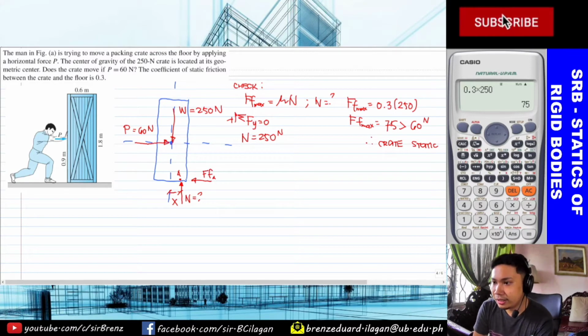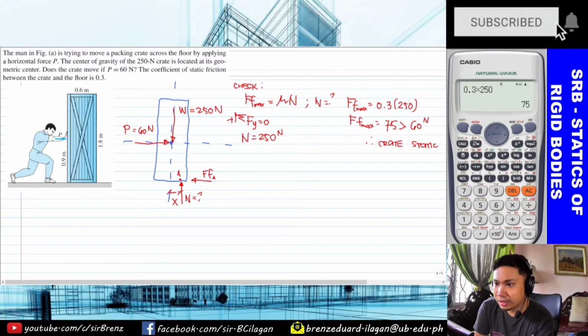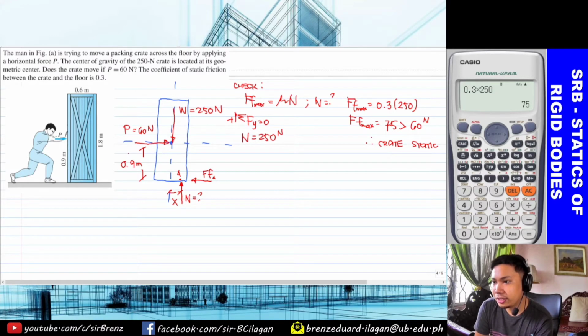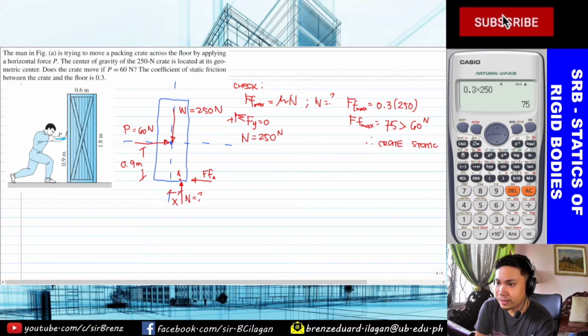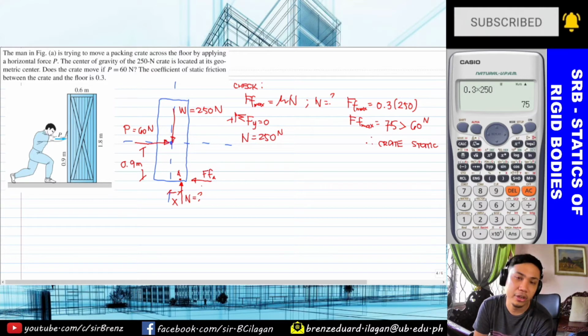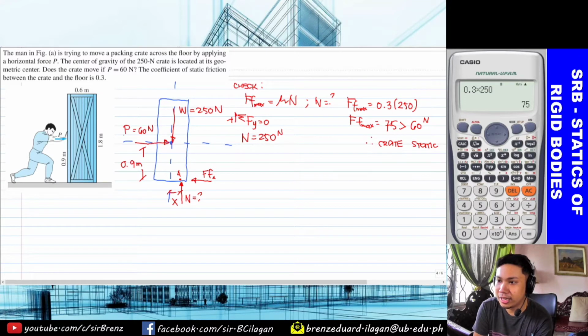So, ang gagawin natin, knowing na itong force P, ayan, is applied at 0.9 meter, doon sa kalahati ng crate naka-applied yung force P. So, ang gawin natin siguro dito is mag-summation tayo ng moment dito sa point A. So, kapag nag-summation tayo ng moment at point A, yung N mo and yung frictional force will be concurrent at that point. So, wala na siyang moment arm. So, ang force lang na i-consider natin is itong 60 Newton and yung 250 Newton.